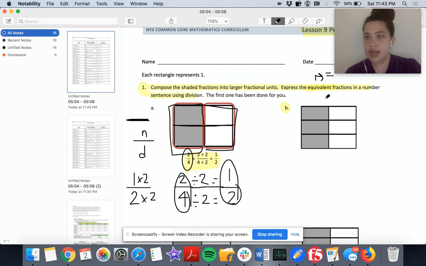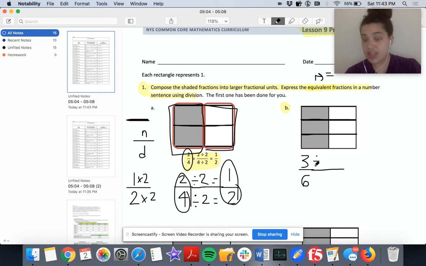So once again, every piece is fair game. There's no dashed lines, right? So I'm going to count 1, 2, 3, 4, 5, 6. 6 total pieces to begin. 3 of those pieces are shaded in. There are 2 horizontal lines, and these 2 horizontal lines created 1, 2, 3 pieces horizontally.